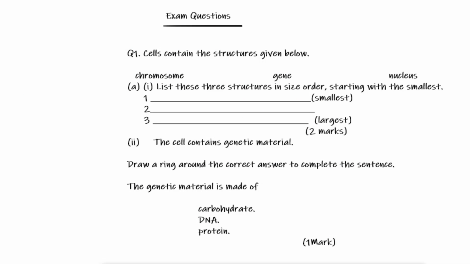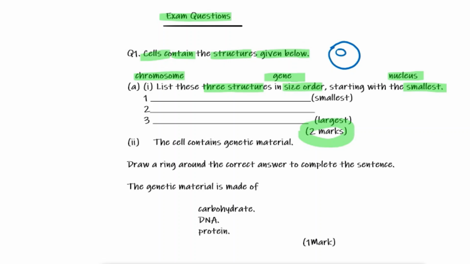Let's now move on to exam questions. Question 1. Cells contain structures given below. So we have chromosomes, gene and nucleus. List these 3 structures in size of order, starting with the smallest first. And this is worth 2 marks. So let's think back. We have a cell. Inside a cell we have a nucleus. Inside the nucleus we have the chromosomes, and on top of the chromosomes we have the genes.